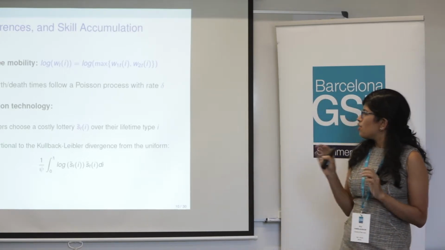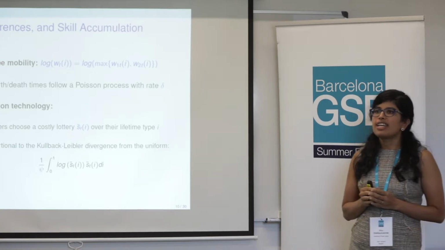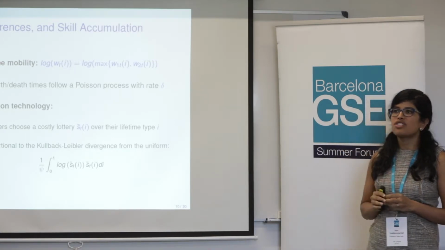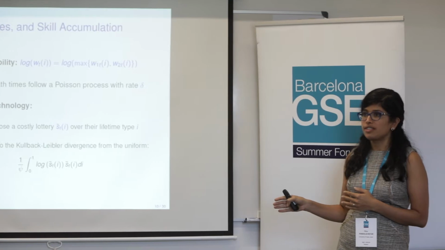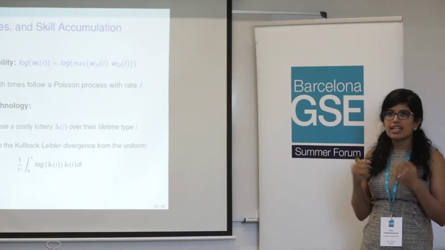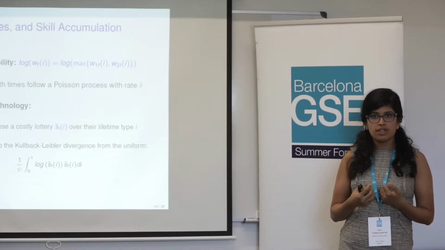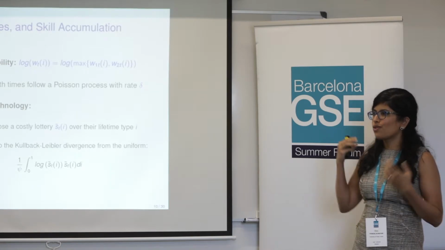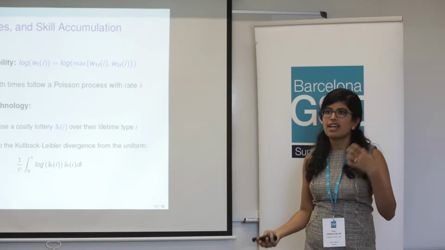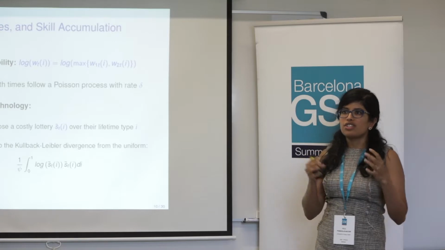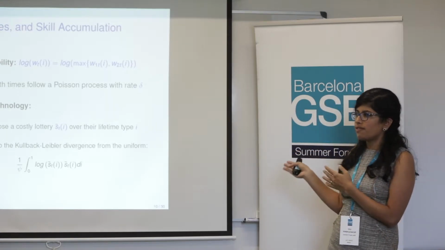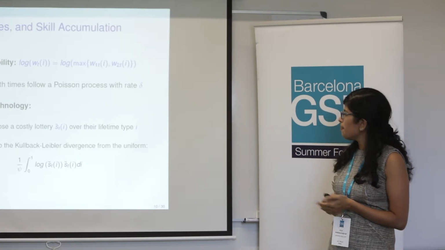Now I want to explain what we're not doing here. We're not saying that it's just very costly to acquire cognitive skills. Skills are multidimensional in this framework. You can think of a worker as having a cognitive ability and a routine ability, and there are different bundles of skills that are possible.